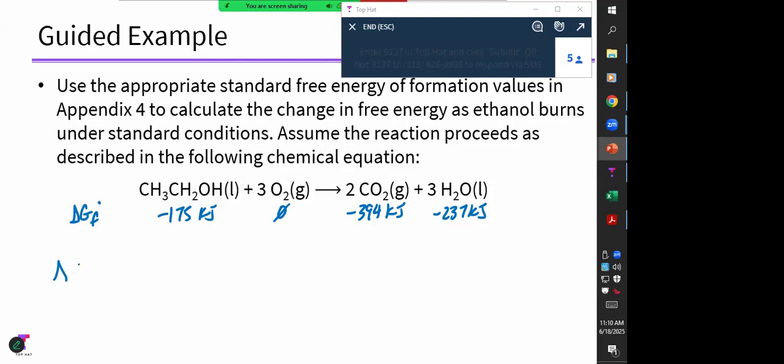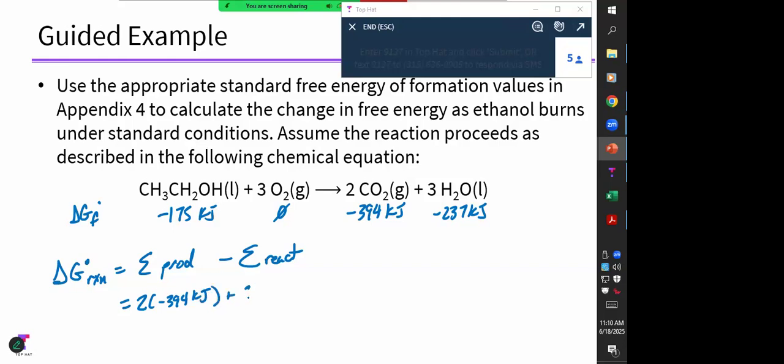So setting up the calculation, my free energy of reaction would be equal to the sum of the products minus the sum of the reactants. On the product side, I have 2 times negative 394 kilojoules and 3 times negative 237 kilojoules.